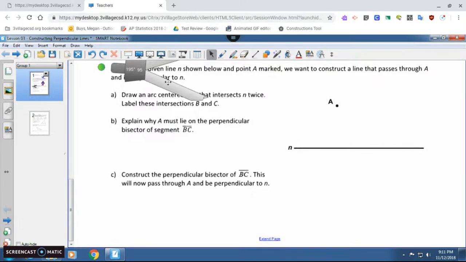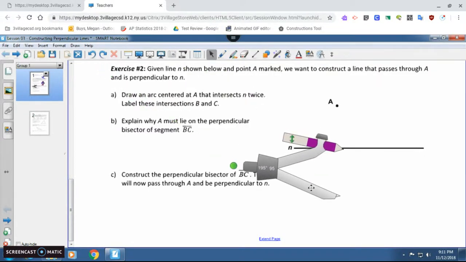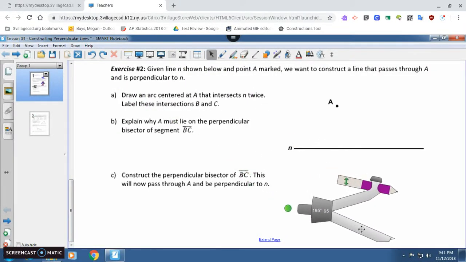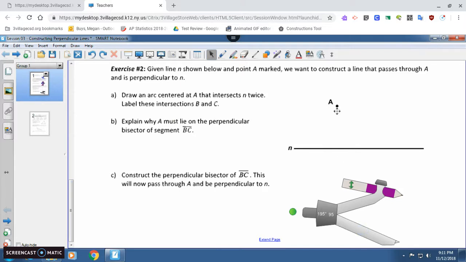One other scenario is when we're given a line, segment N, and the point is off the line, and we want to construct something that's perpendicular that passes through A. So in a similar fashion, we still need our arcs.